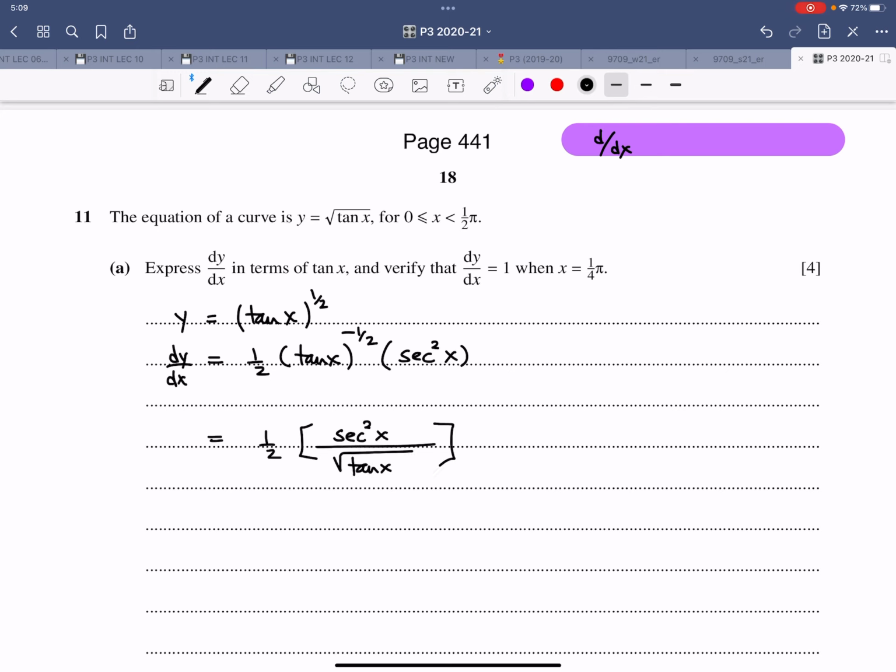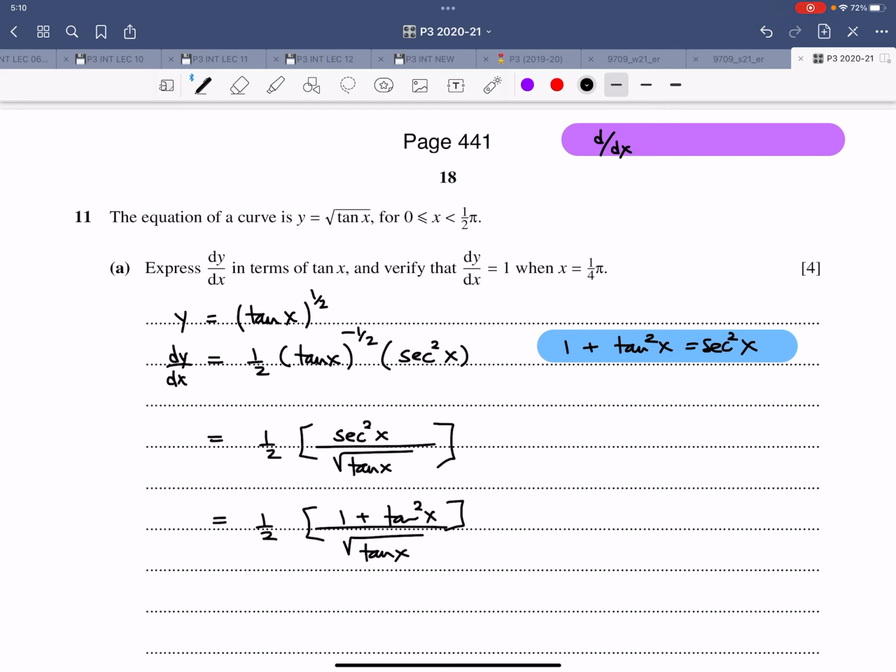But it's saying dy by dx should be in terms of tangent x. That means, do I have any identity that relates sec square? Yes. 1 plus tan square x is sec square x. So therefore, what I'll do is write half bracket 1 plus tan square x divided by square root of tangent x.